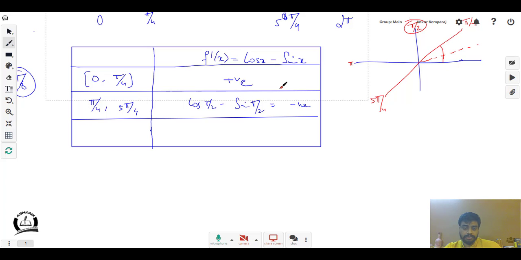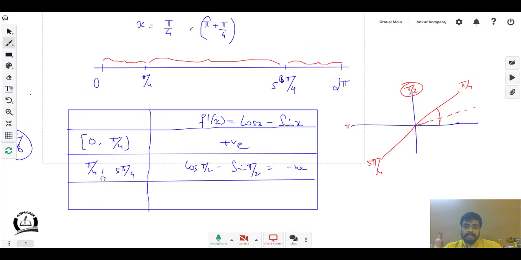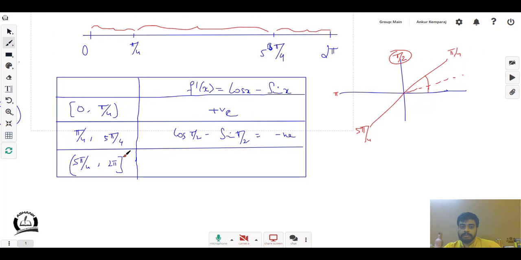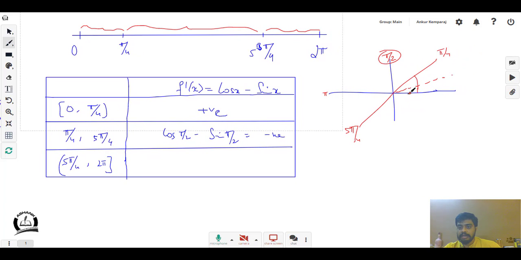This is your conclusion. All right, our next interval is 5 pi by 4 to 2 pi. 2 pi is included because 0 is included, right? So take an angle anywhere there. Let's say that you take 3 pi by 2 itself.